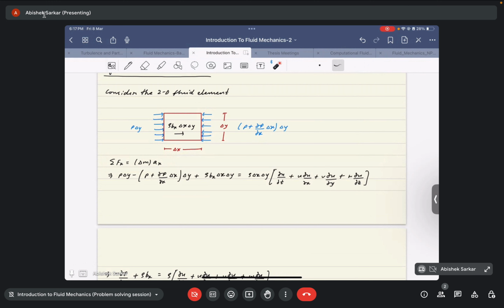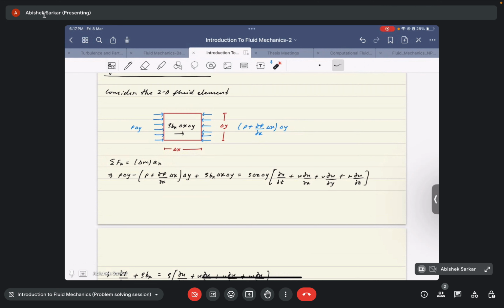Let's consider that the depth of the fluid element within this paper sheet is 1, unity. Then the area upon which the pressure acts would be delta y into 1, so we're just ignoring the multiplication with 1. The same goes for this area as well.